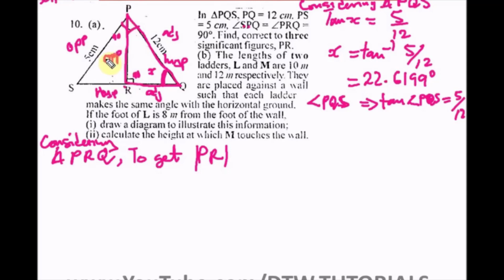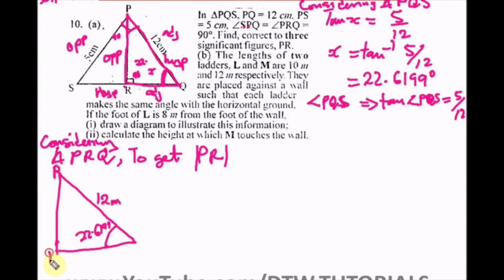You can also draw out the angle, I think it actually helps. So you draw out the angle, then label it. Considering this triangle, you put the angle 22.6199 here, then you draw out 12 centimeters. Then this is PR, which is our unknown.